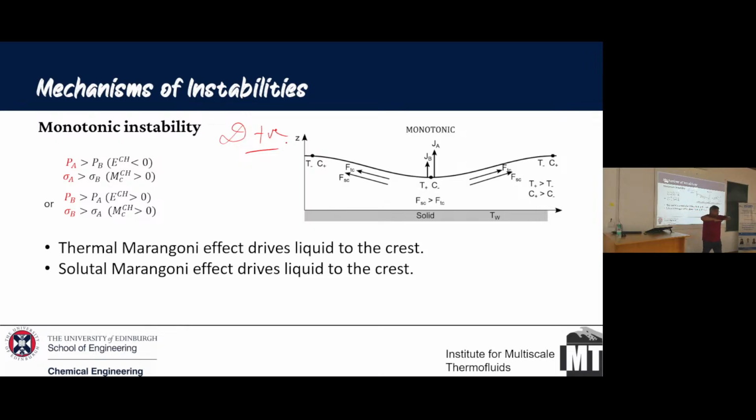Essentially, this will develop into a kind of puddle. If you put your film there, you will form these big regions of puddles, and a completely depleted zone in the other regions, or the other way around as well. So this is the region where you have monotonic instability.